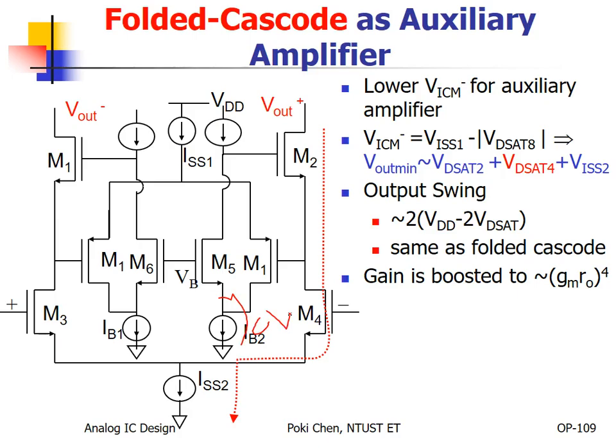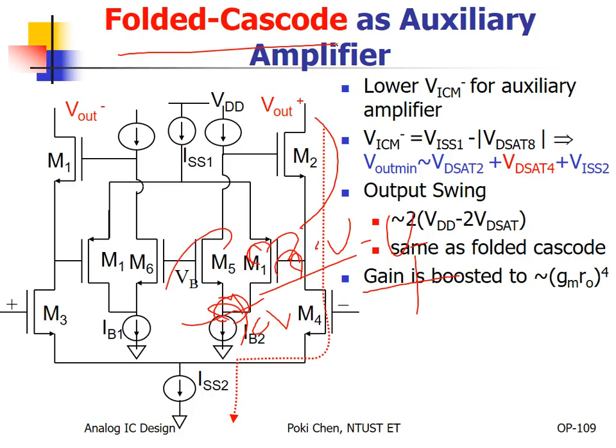But the gate of PMOS can be 1 VT lower instead of higher, because the drain of PMOS can be 1 VT higher. So it means the gate of PMOS can be 1 VT lower than the drain. So here, delta V minus 1 VT, and there, 2 delta V minus 1 VT. VT is usually more than 2 delta V. So it means no constraint at all for such kind of folded cascode.